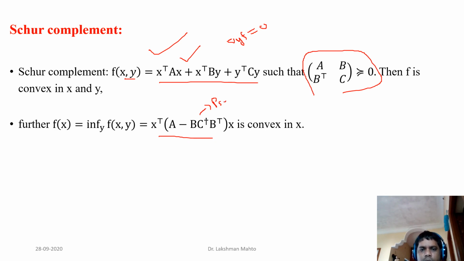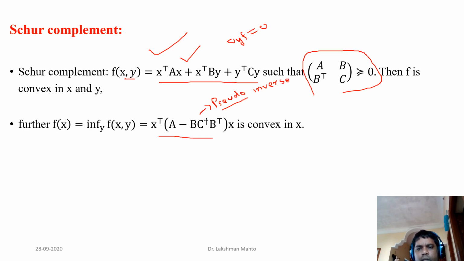Through that manipulation we will come across these kinds of things. Right now it may look complicated, but everything has very interesting theory. C dagger we call the pseudo inverse. The pseudo inverse can be defined with respect to SVD. Whenever it is needed I will discuss that. Right now I am just talking about how to establish convexity.